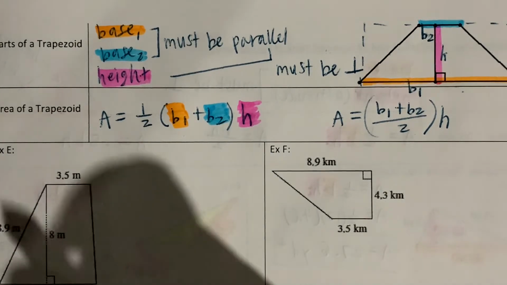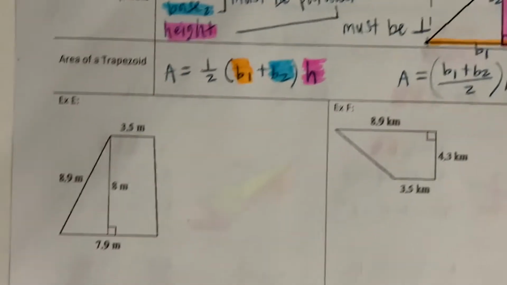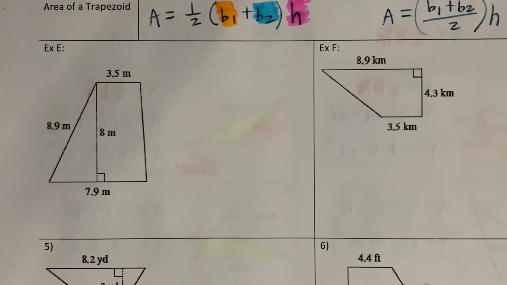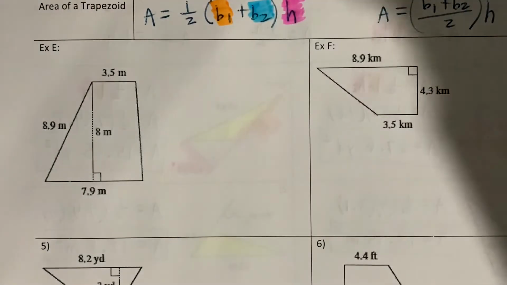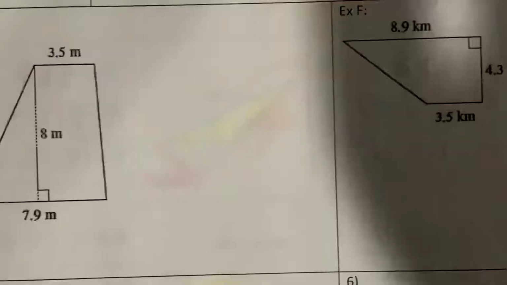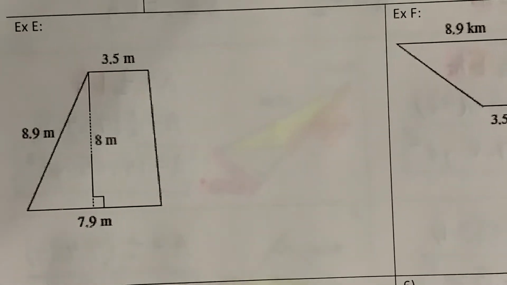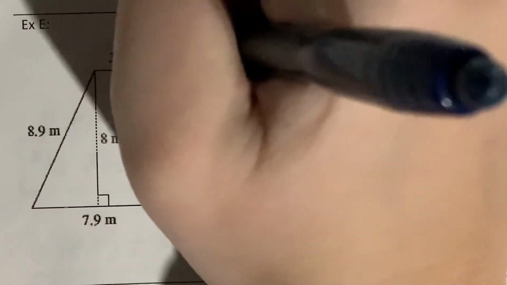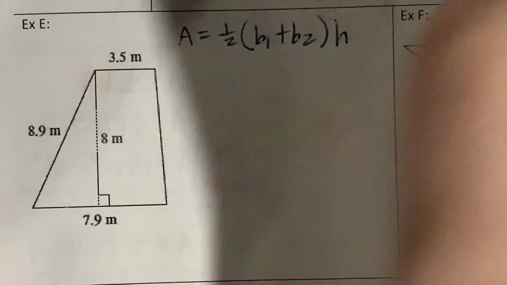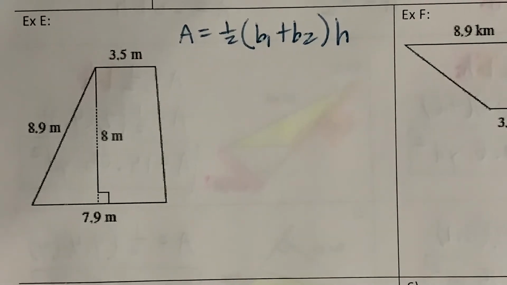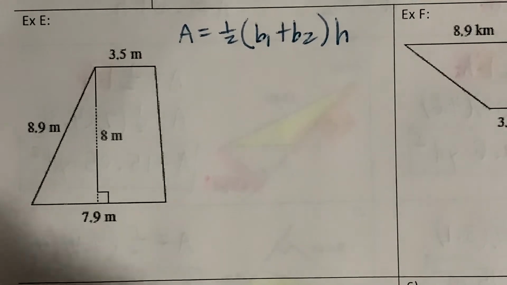Let's look at what this looks like when we actually have some measurements on our trapezoid. If we look at example E, I have a figure, and right away I'm going to write my formula: Area equals 1/2 base 1 plus base 2 times my height, so I can reference it. Now I need to identify the different parts of my figure.